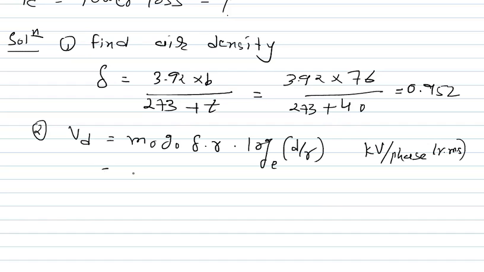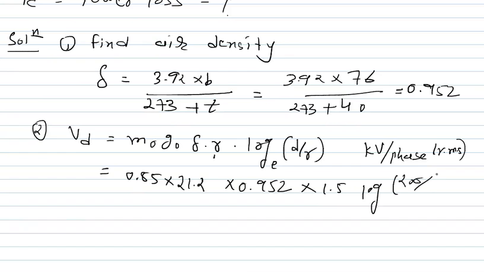So putting all the values: 0.85, G0 is given as 21.2, multiplied by 0.952, R is 1.5, and log 200 by 1.5 base E. And the answer of VD is 125.9 kilovolt. That is the second step.